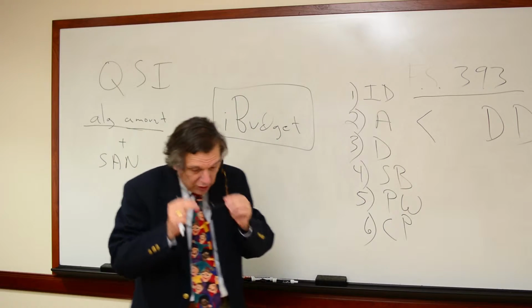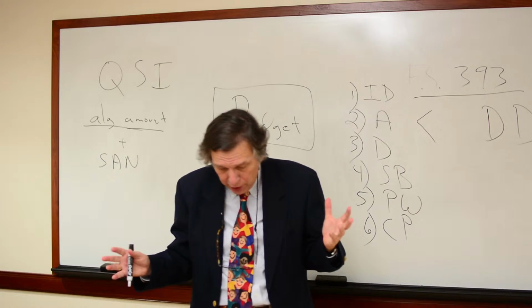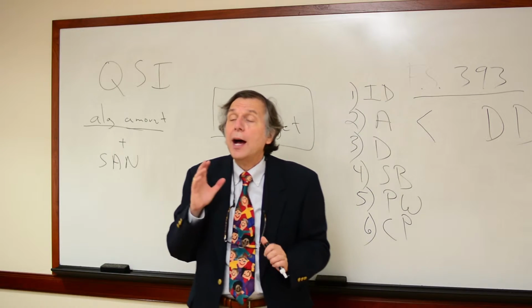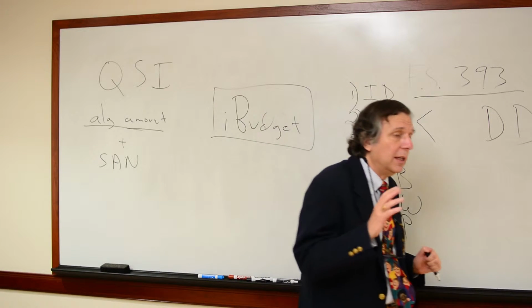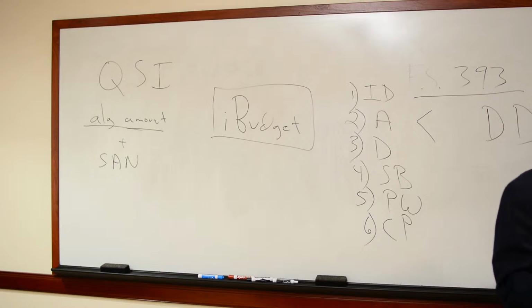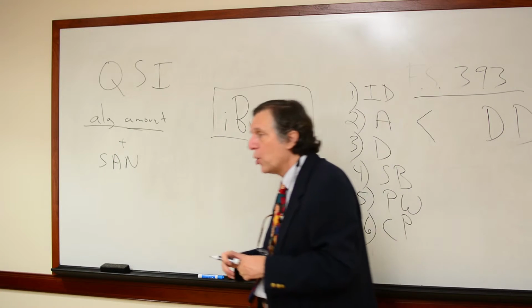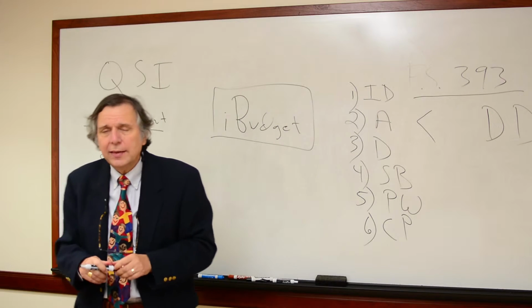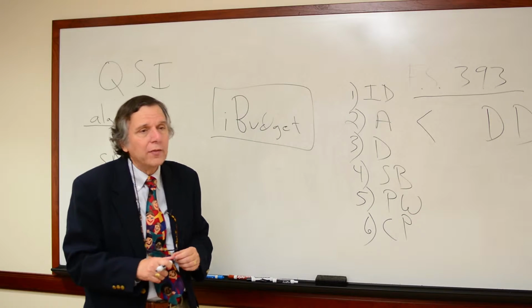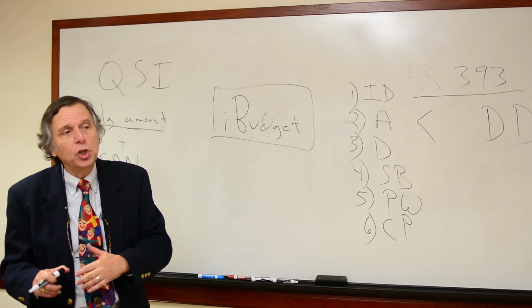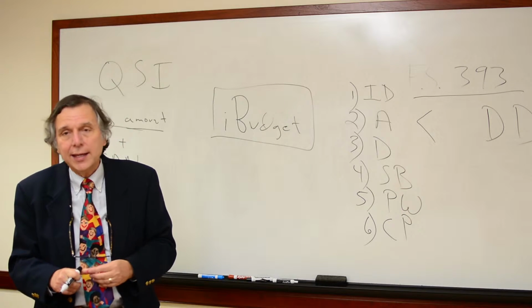So the answer to the question is that's what the iBudget is, and who qualifies. The iBudget is only for folks with the DD waiver. It's a DD waiver program. And that's one of the reasons why it's called a waiver, because you're waiving the uniformity requirements in Medicaid.